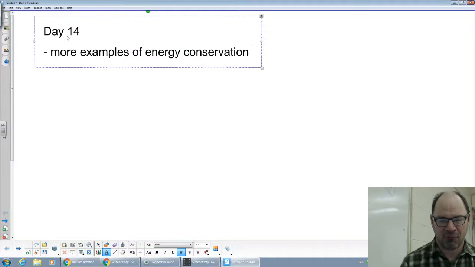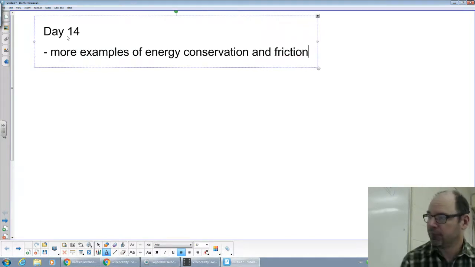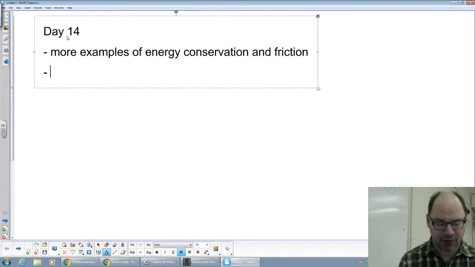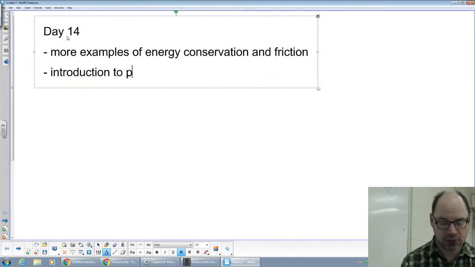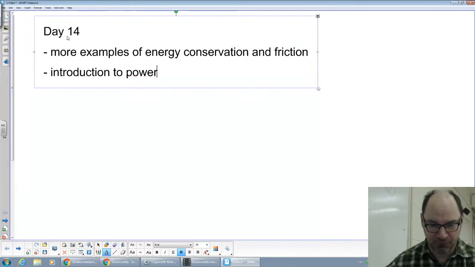Today we're going to look at a couple of different examples that still use friction. Then if we have time, we'll look at the intro to power, the relationship between work, power, and energy.